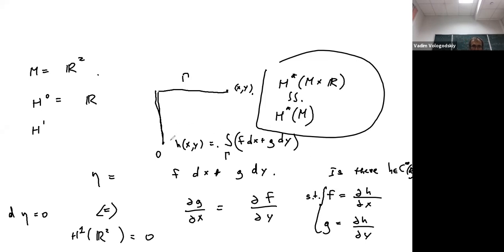And here the idea is that you must use that this integral along this path is also equal to the integral along this path, gamma prime. You can integrate this form along another path, gamma prime.